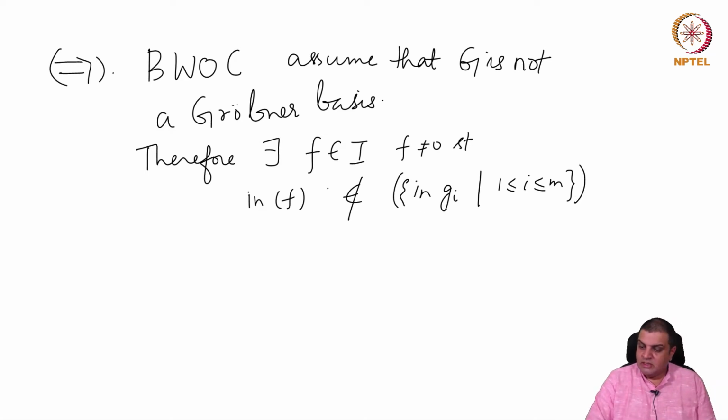Remember that G1 through Gm was what the set G is. So the initial terms of them do not generate the initial ideal. That's what we are assuming. So there is an F with this property.